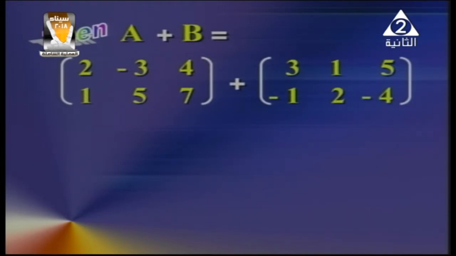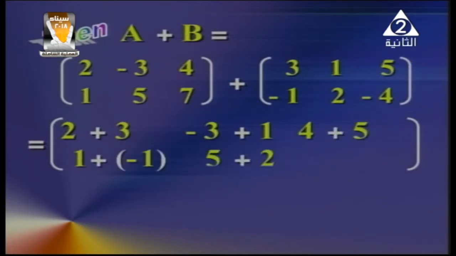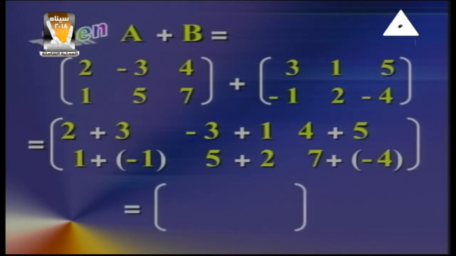Add each element with its corresponding element: 2 plus 3 is 5, -3 plus 1, 4 plus 5, 1 plus -1, 5 plus 2, 7 plus -4. Then the answer is 5, -2, 9, 0, 7, 3. This is the result of A plus B.